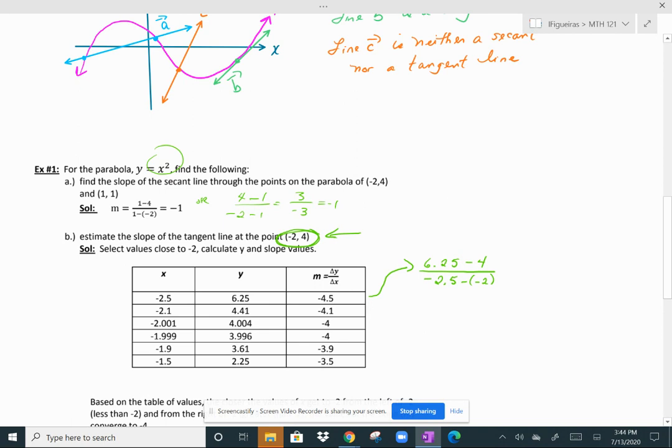Okay, then I do the same thing to the right of -2. So I need to pick values greater than -2. So I start with -1.5 and I get to -1.999. So I put the closest numbers next to each other, these two being the closest numbers to -2. I square each of these numbers and I get these y values.